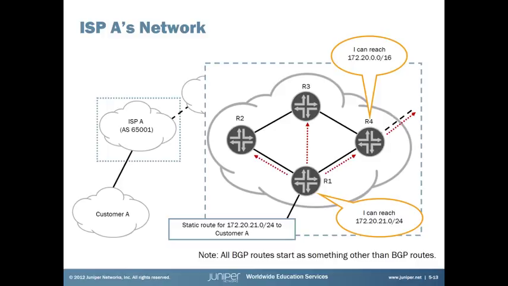In this case, it's come from an aggregate route which has been configured on R4 by the network administrator and exported into BGP by policy. So BGP is advertising that route, and it's put in usually by policy or by configuration, one or the other.